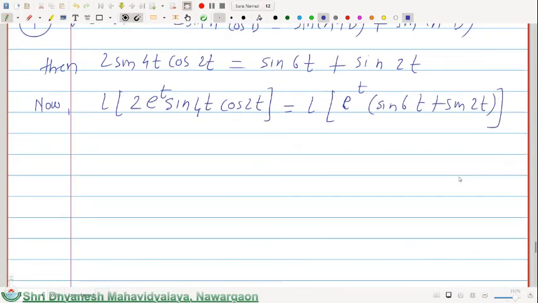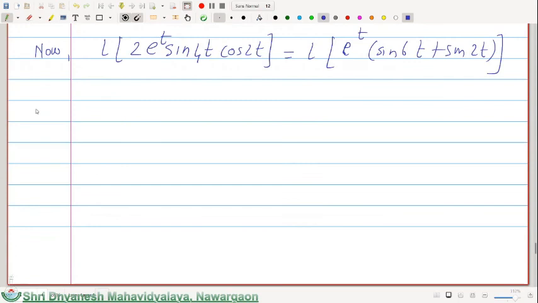Okay, so keep this side as it is and use shifting property here, shifting property and then linearity property.